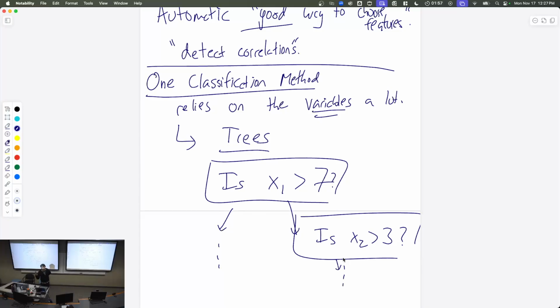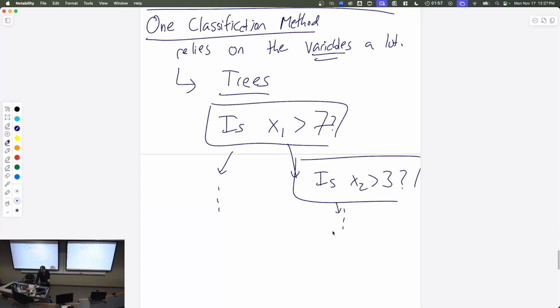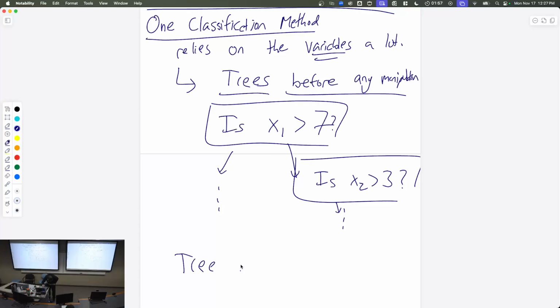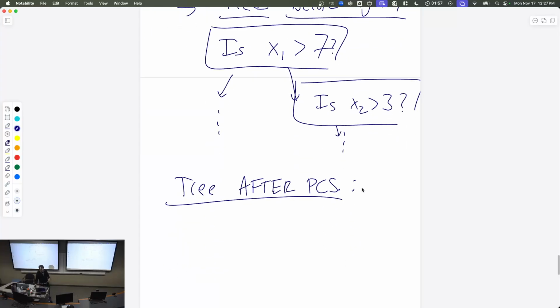If you do principal components first, then it can ask different questions. So this is a tree before any manipulation. But if you do the principal component transformation and then apply the tree method, the types of questions you get, even though they seem similar, are going to be totally different.